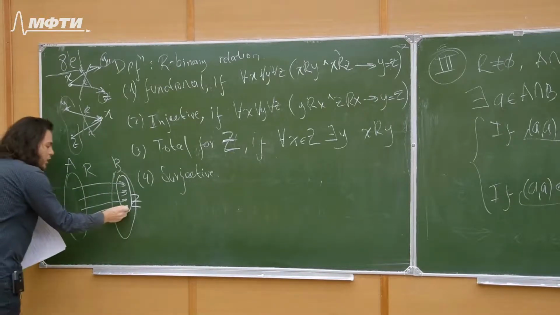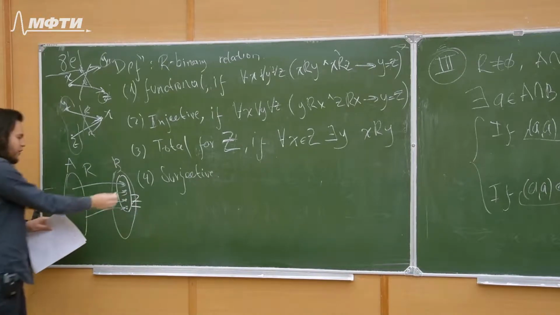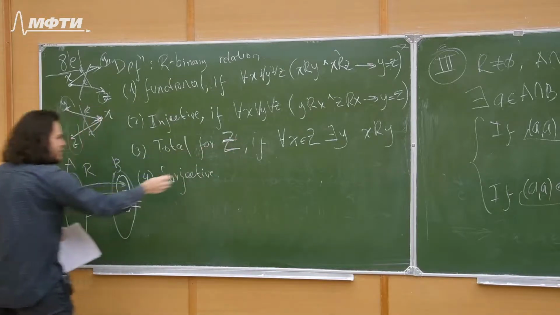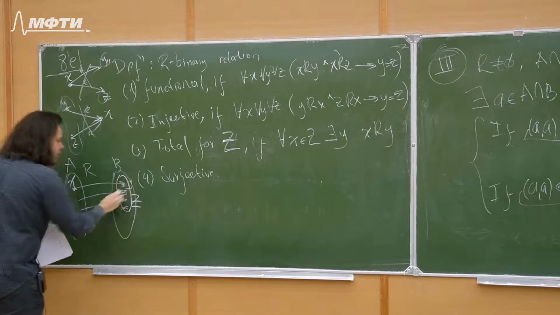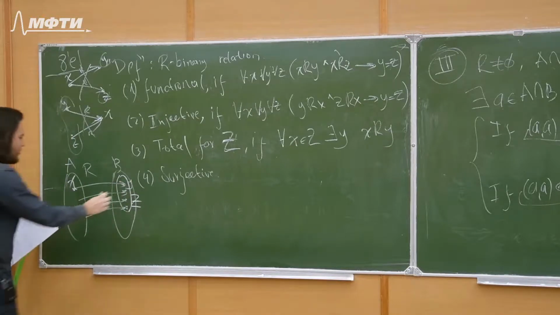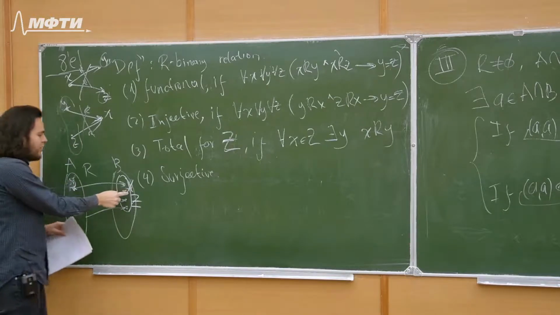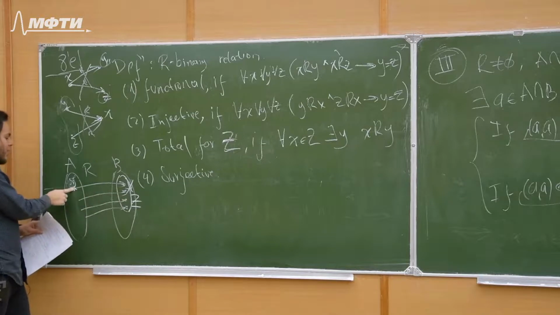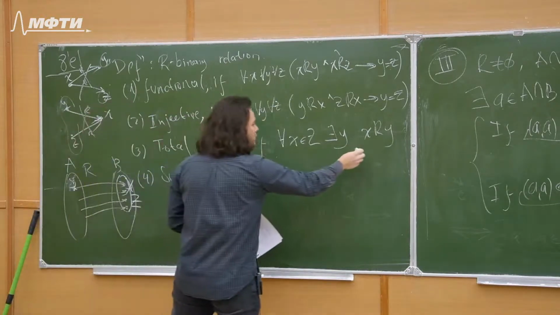But within Z, okay? And then for each of the elements here there should exist some X. So if this is Y, no, sorry, this is X and this is Y. So for each of the elements X in Z there should exist some Y such that X R Y, okay?